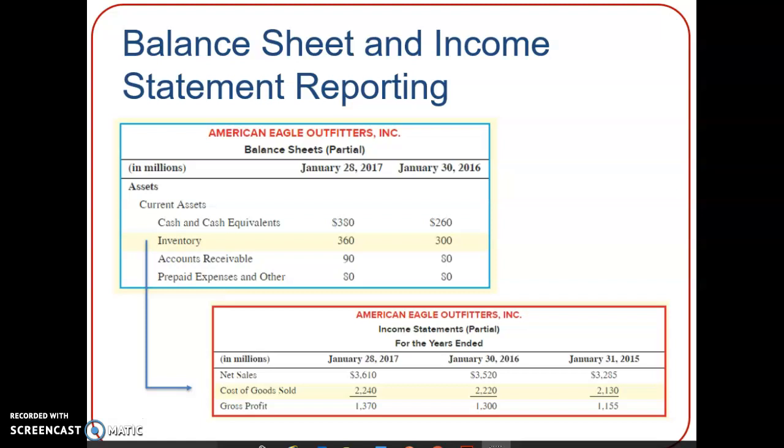Under assets, they have inventory, two years of inventory for the fiscal years ended in 2016 versus 2017. And then we can also look at their income statement. They have net sales minus cost of goods sold equals gross profit. So inventory is reported on the balance sheet as a current asset, and cost of goods sold is reported on the income statement as an expense.